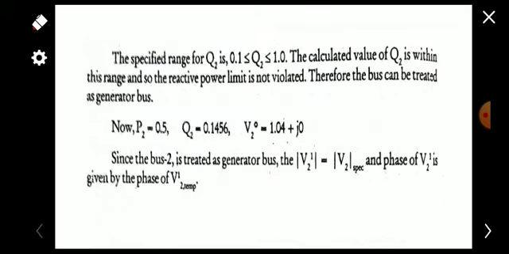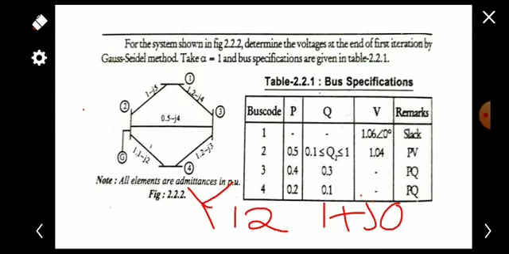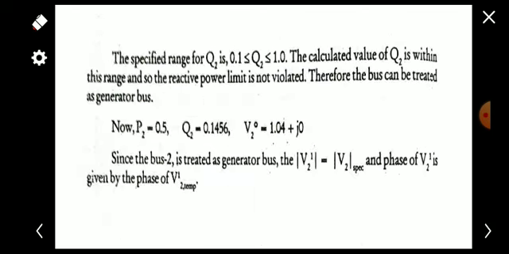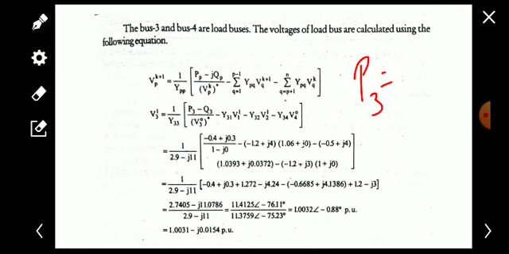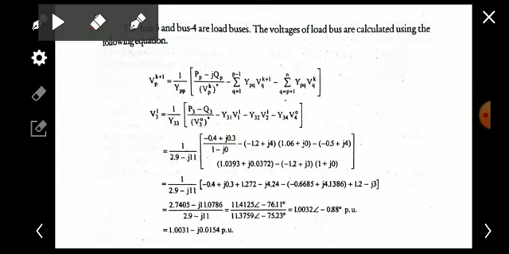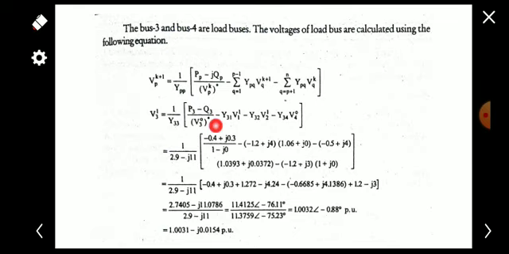In the question the values of P and Q for the third bus are 0.4 and 0.3, but when substituting P3 and Q3 they are taken as negative. P3 is given as 0.4, but we have to consider it as minus 0.4, and Q3 likewise becomes negative.